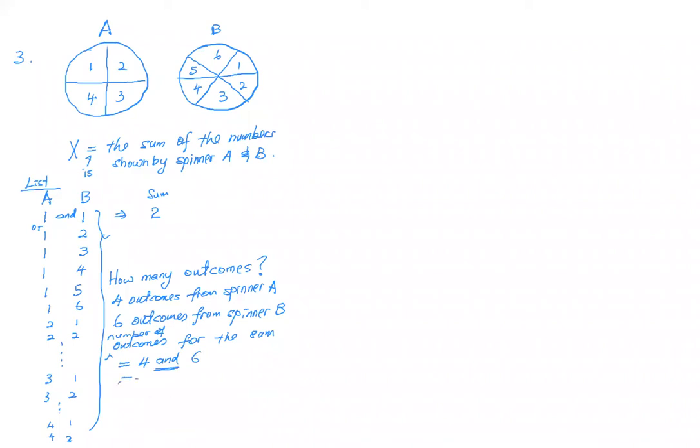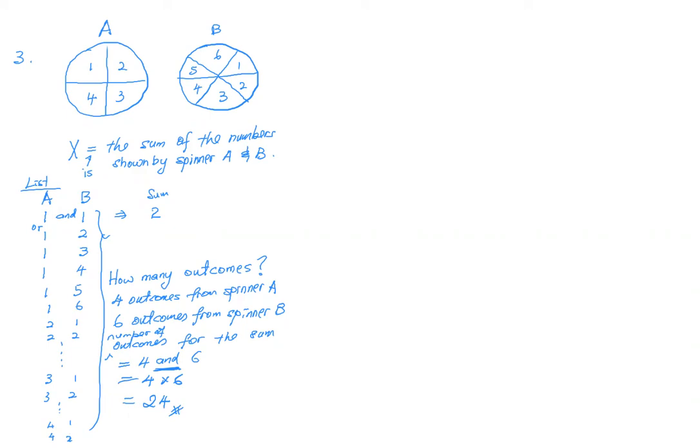Whenever you have this in probability or anything, you multiply. So altogether there are 24. But for each one, you have to go and find the sum, correct?